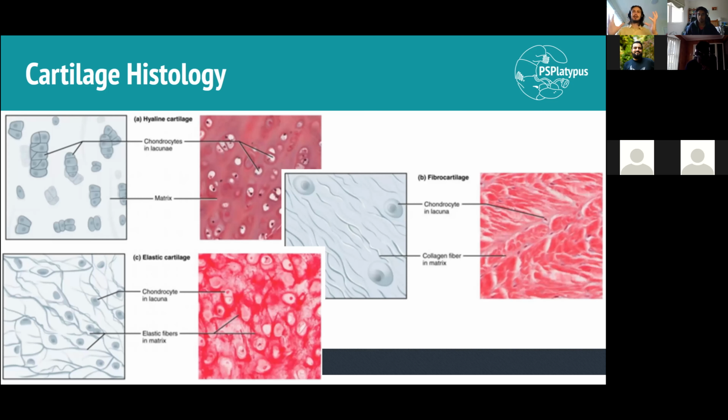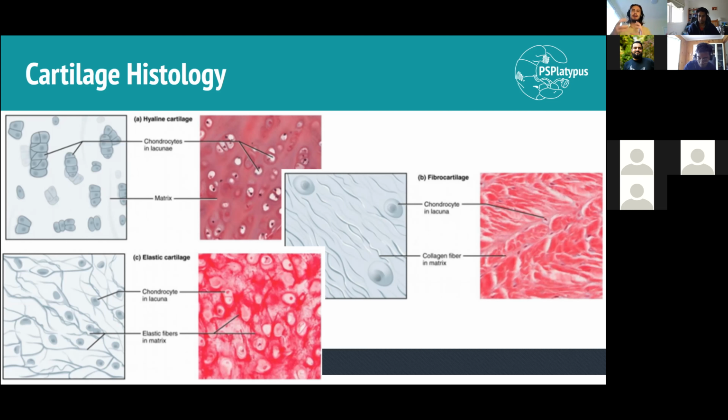Okay, and now we have cartilage histology. You can see we've got hyaline, fibro, and elastic cartilage, so different to the order that I put them in the previous slides. What we've got here is chondrocytes, those mature cartilage cells in lacunae, which are these spaces that have been sort of worn out for the cartilage cells.